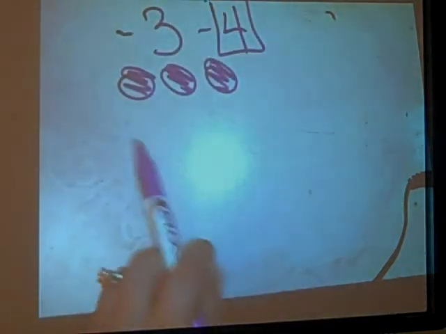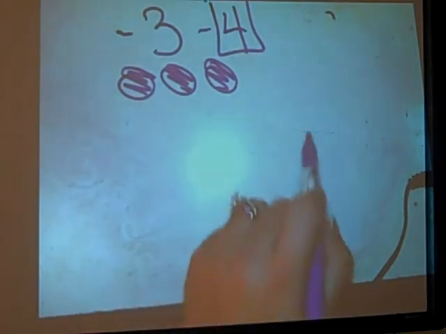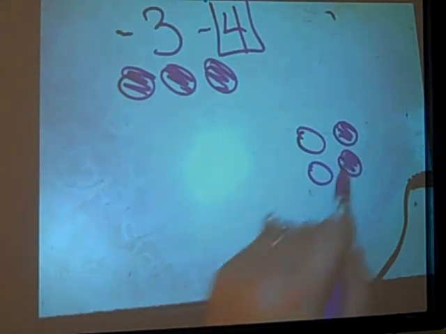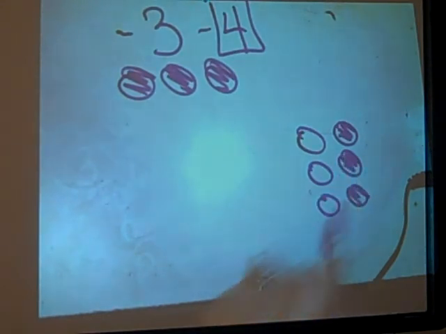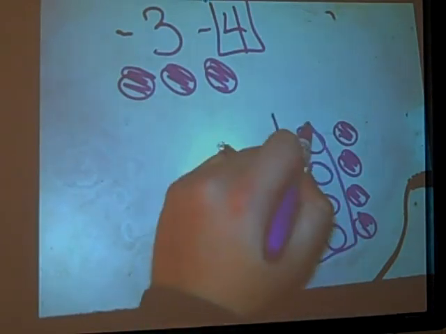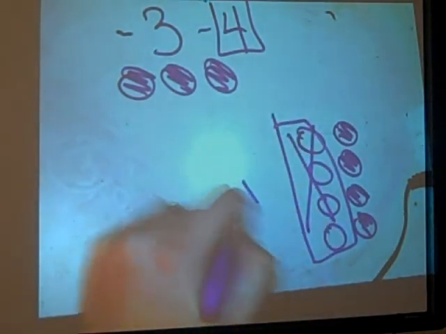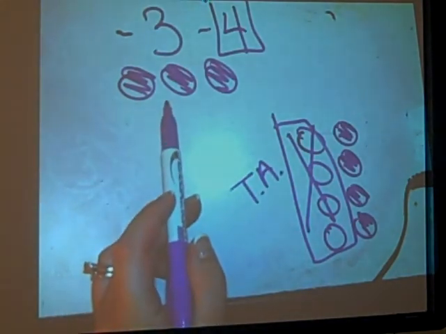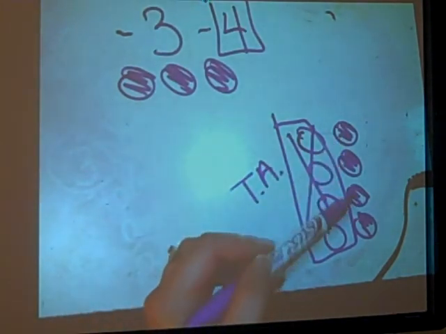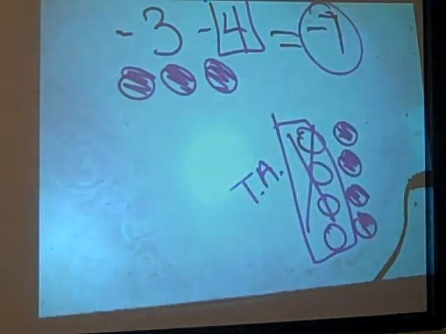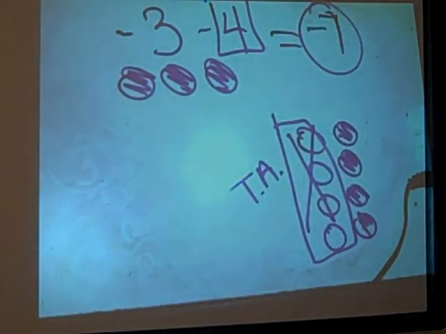I don't even have any positives I can take away, so I will need 4 0 pairs. Okay, so here's +4 that I can take away. And I already had -3, so now it's 4, 5, 6, 7. They're all shaded in. So -7 is the solution.